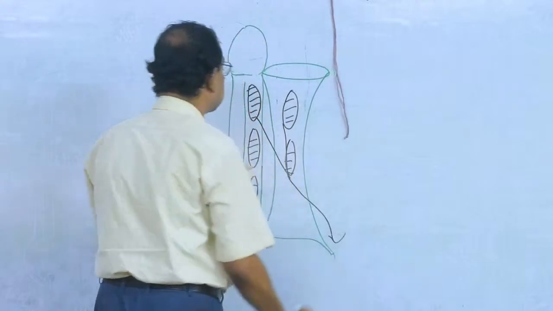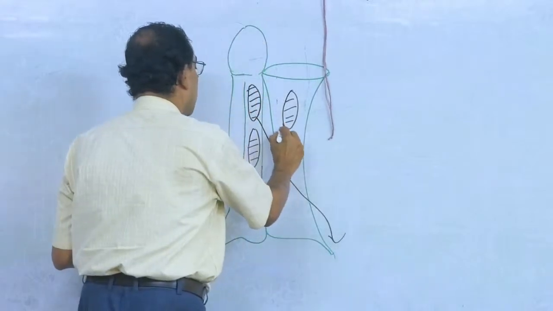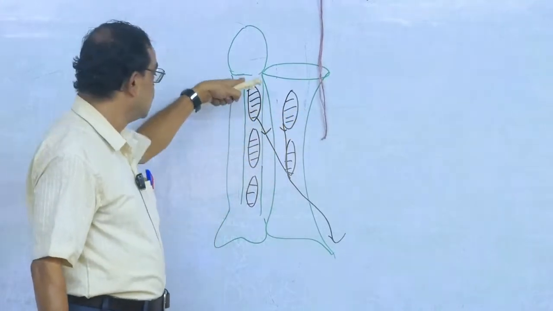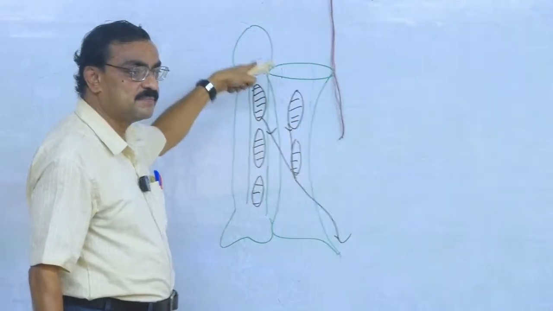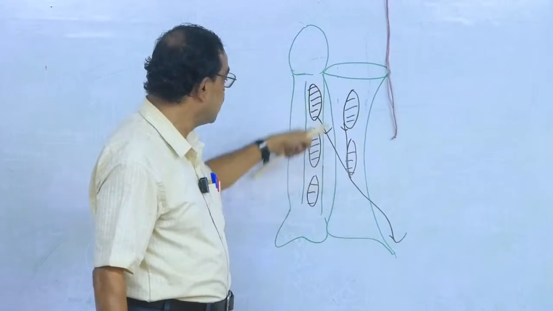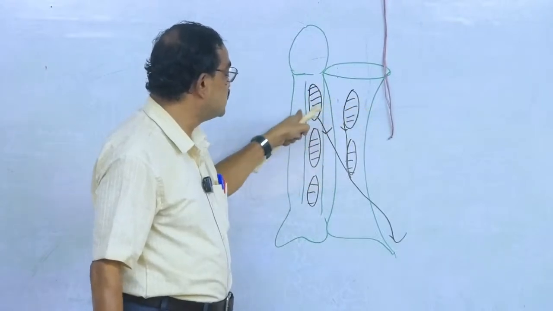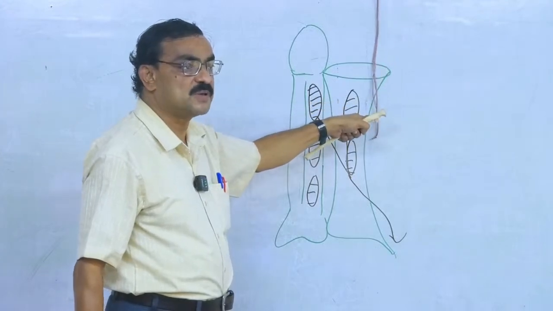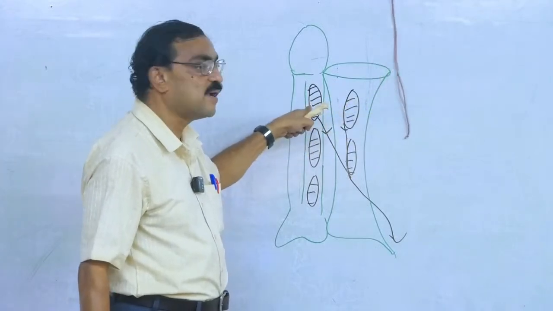This is abductor pollicis longus. This is the posterior surface of the ulna. Okay. This abductor pollicis longus is taking origin both from the posterior surface of the radius and the posterior surface of the ulna.